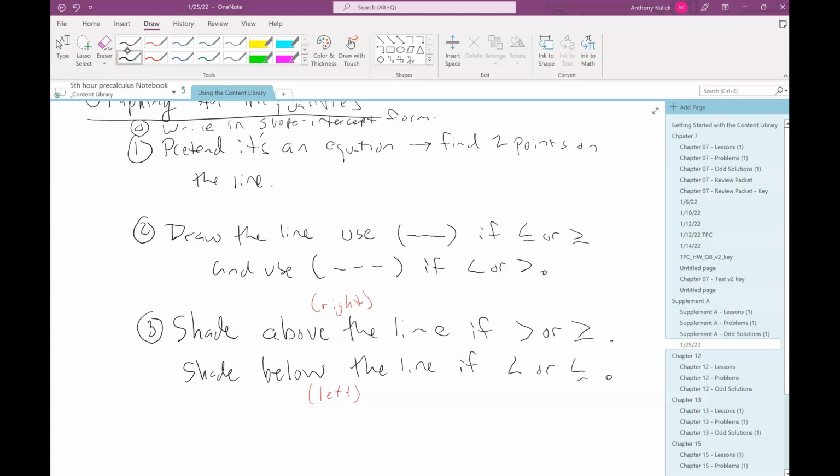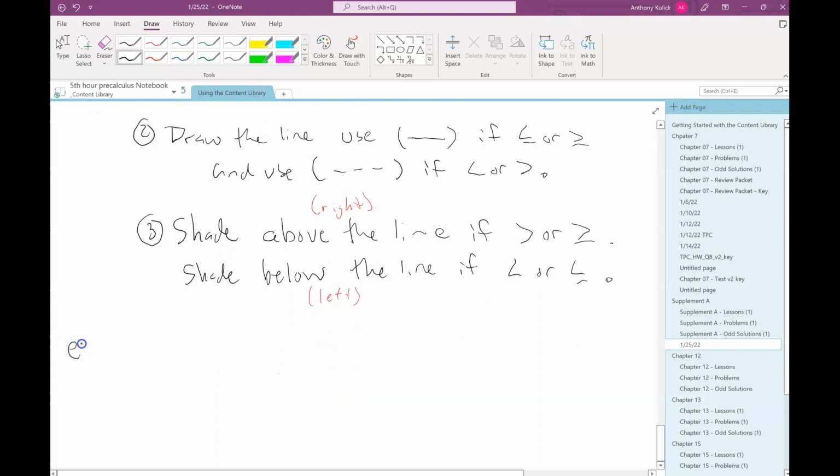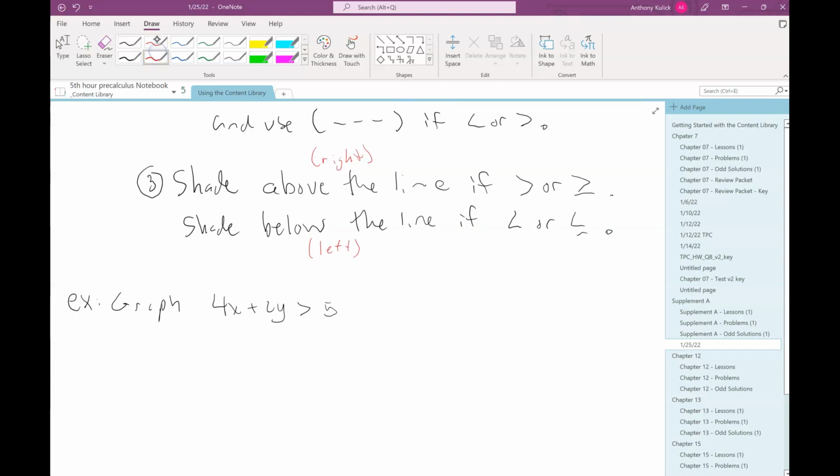So let's just bulldoze here through a quick example. So the first thing I would do is to put this in slope-intercept form.